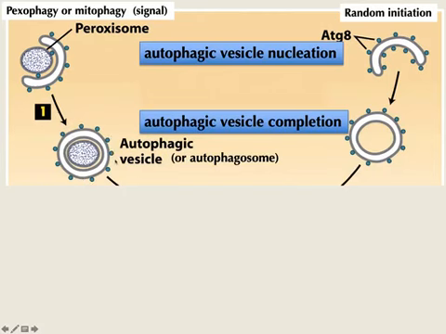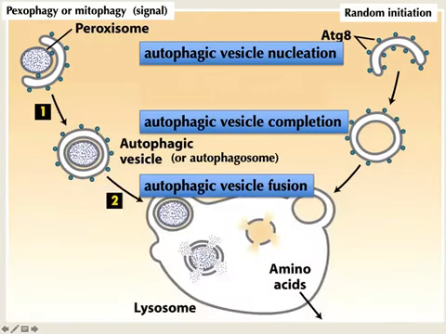So all you need to do next is to have this autophagic vesicle fuse with a lysosome. Okay? And then it's going to resemble what you get from a multivesicular body using the ESCRT complex, where you have the lysosome. So everything that's on the outer membrane is somewhat protected against digestion, but everything that's inside is fated to be digested.